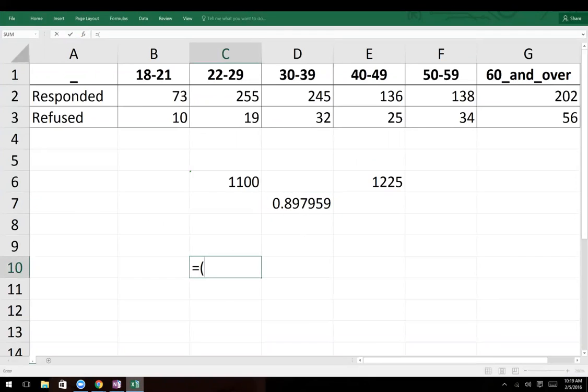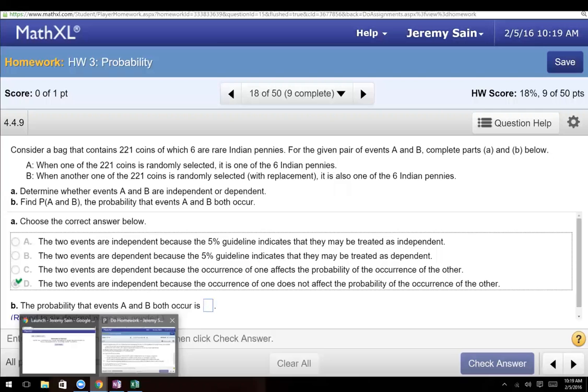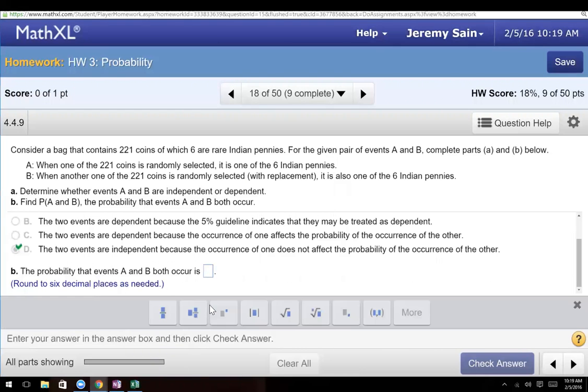Equals 6 over 221 squared. And 6 decimal places would be 737.